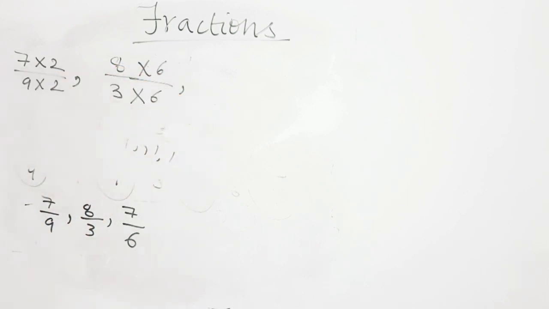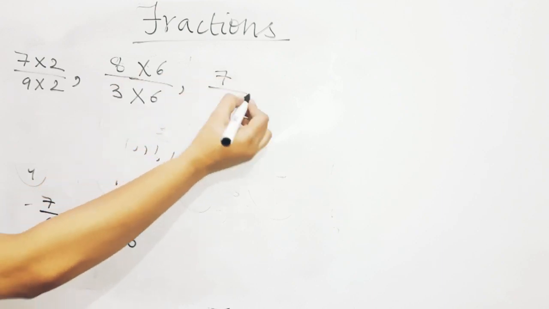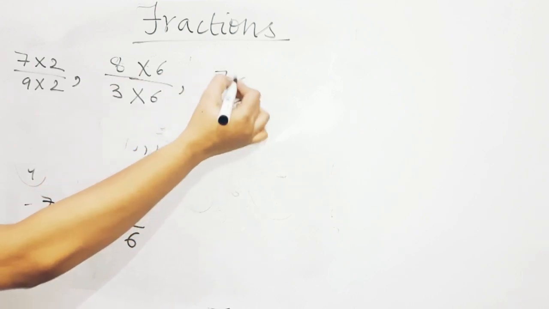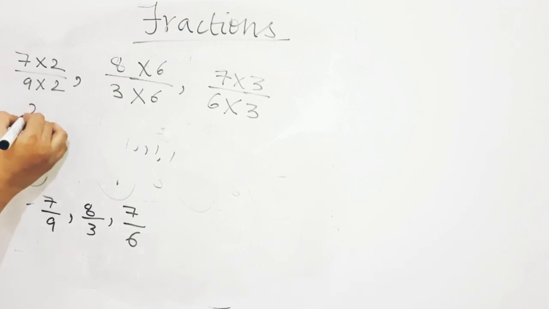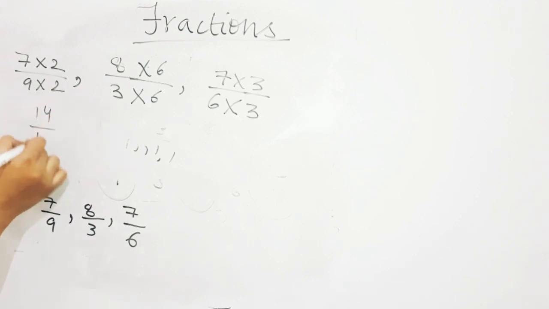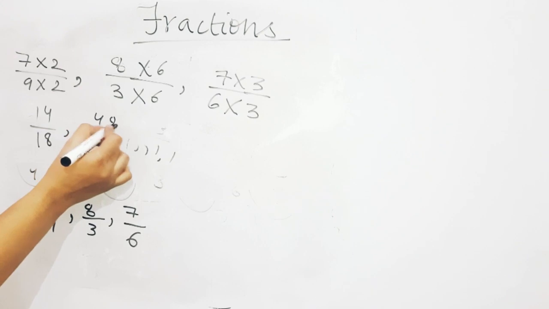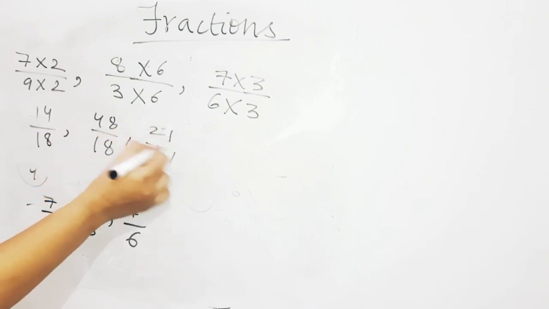Now the third one, 7 upon 6. To make it 18, 6 has to be multiplied by 3. The same number has to be multiplied with the numerator of that fraction. So now it will be 14 upon 18, 48 upon 18 and 21 upon 18.